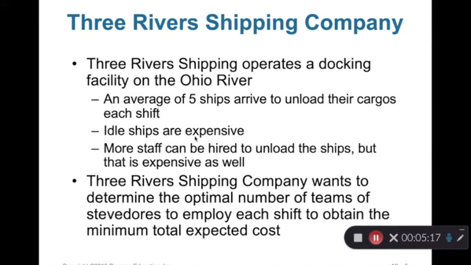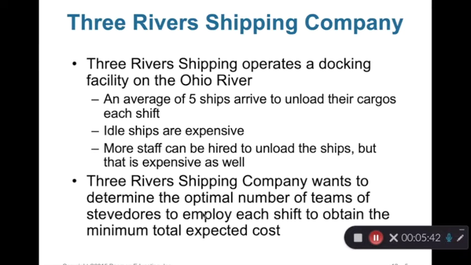The more staff can be hired to unload the ships, but they're expensive as well. Three Rivers Shipping Company want to determine the optimal number of the teams of stevedores to employ each shift to obtain the minimum total expected cost. Now, how to figure out the optimal number of the teams of stevedores?